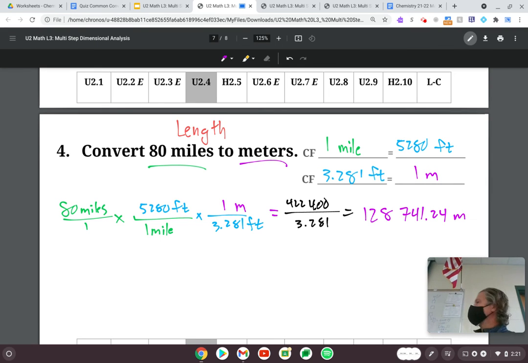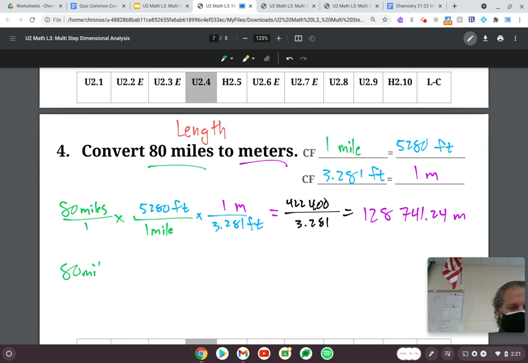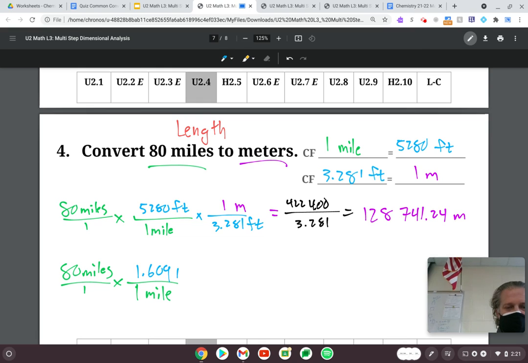Now, there is another way to do this exact same problem. Exactly the same. And I'm going to show you that right now. So you could take 80 miles and go 1 mile is equal to 1.609 kilometers, and 1 kilometer is equal to something you're supposed to memorize, 1,000 meters.